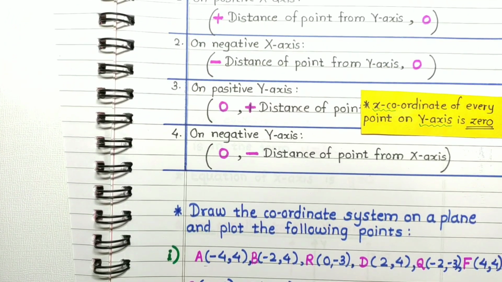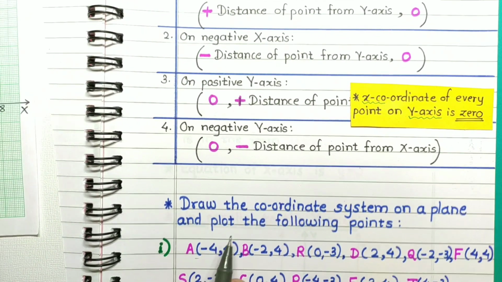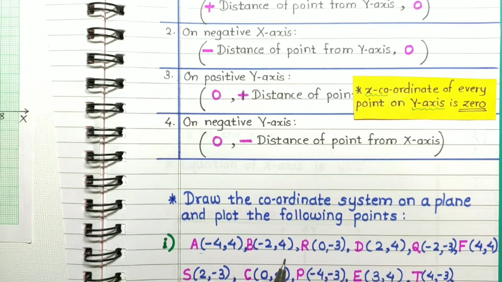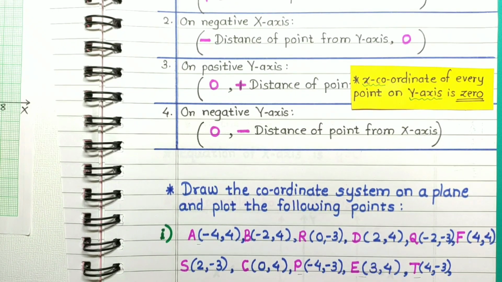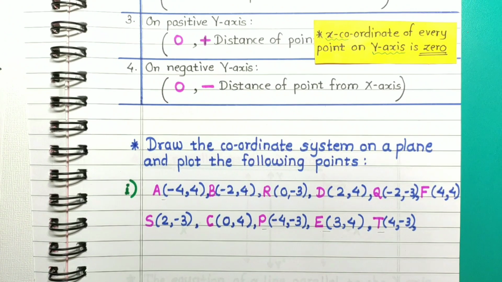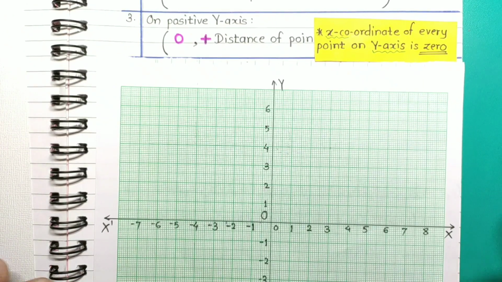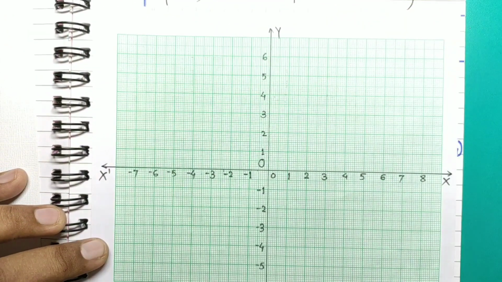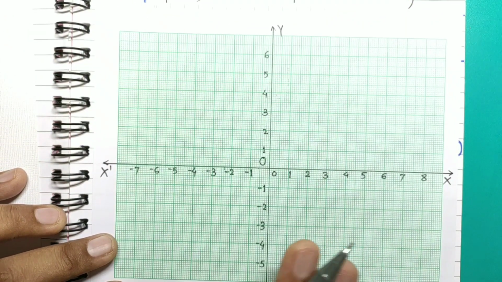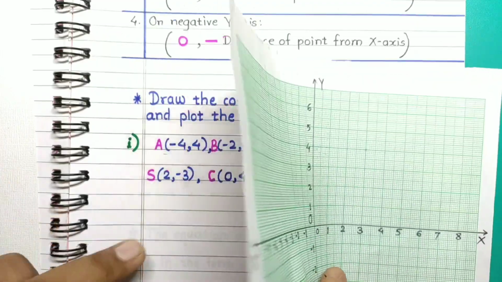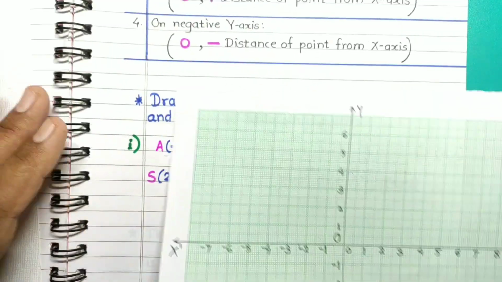So students, with these concepts, let's draw the coordinate system on a plane and plot the following points. First given point is A (-4, 4). These are the coordinate axes. This is the coordinate plane and we have to plot the point A (-4, 4).